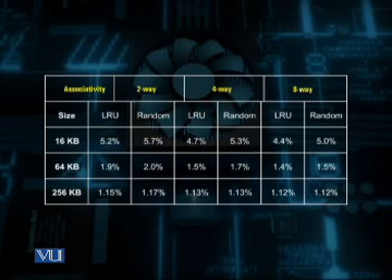So as the size of the cache decreases, the performance of least recently used policy is better. Now let us talk about the fourth constraint of a cache designer, that is, what happens on write.